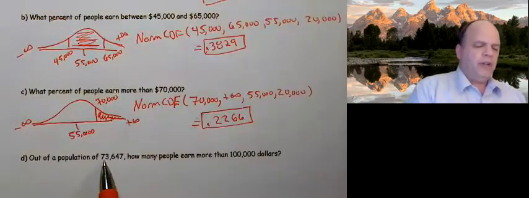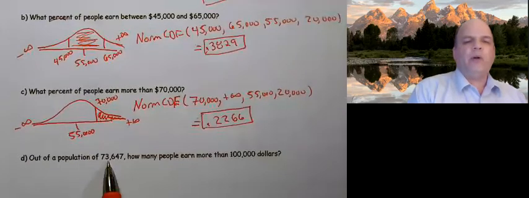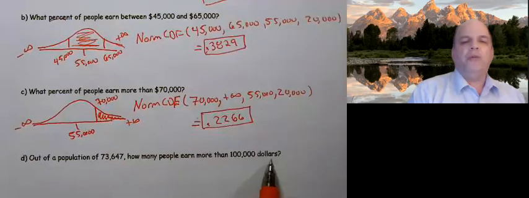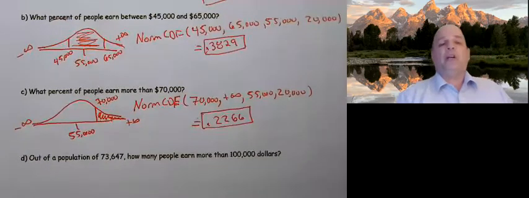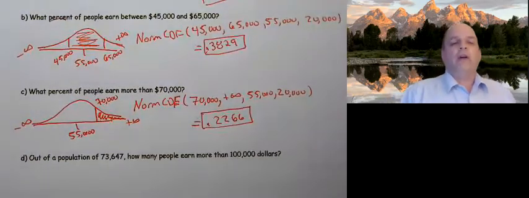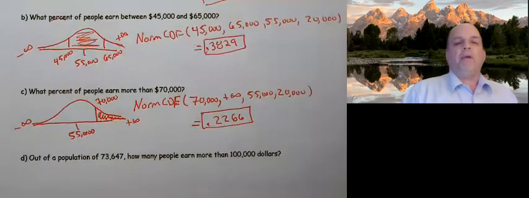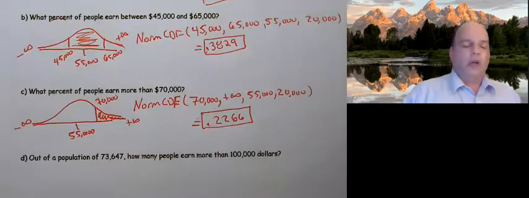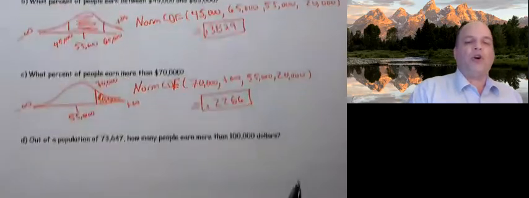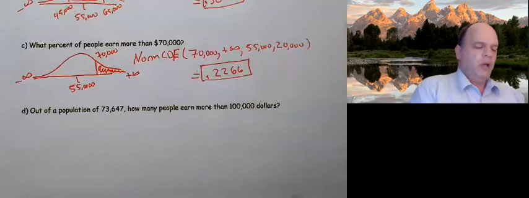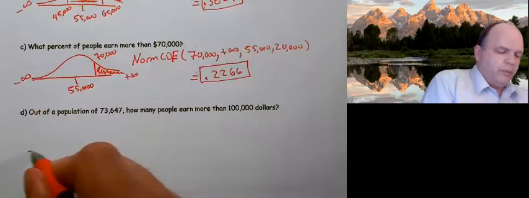Out of a population of 73,647, how many people earn more than 100,000? Well, this is a complicated problem. First off, we need to figure out what percent of the people earn $100,000. So let's find out.